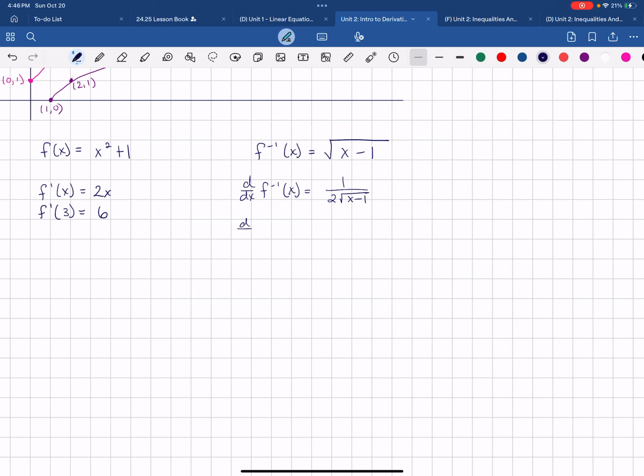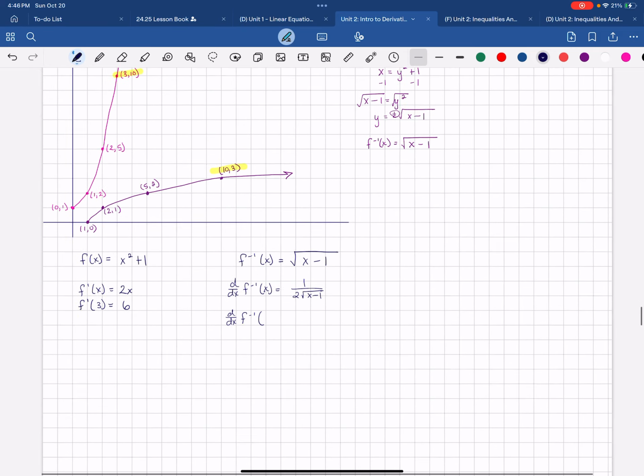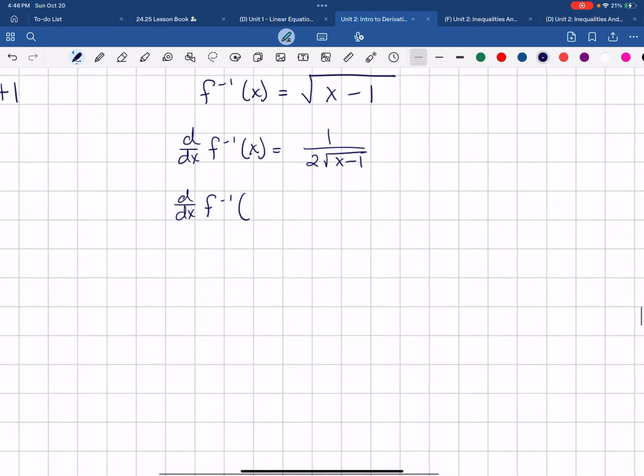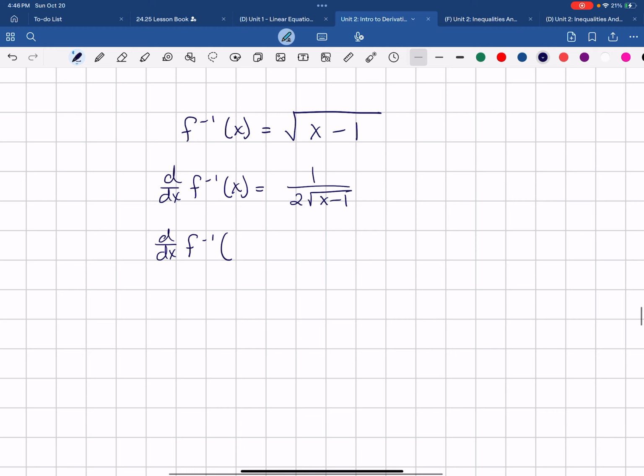And now I evaluate this derivative at its partner point. I'm not going to evaluate it at 3 because that's not the input that's related. My input now is 10, and my output would be 3 for the f inverse of x function. So I evaluate this at 10. I get 1 over 2 square root of 9, which gives me 1 over 6.